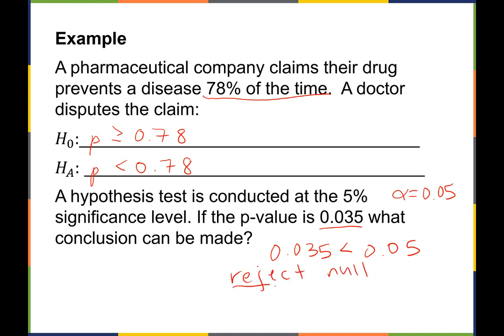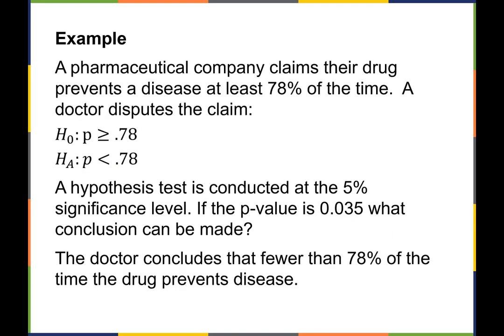Reject the null. The p-value is too small. It is too improbable that this p-value happened for this test, whatever sampling they did. What happened was too improbable to happen for a 5% significance level. All right. So the doctor concludes that fewer than 78% of the time the drug prevents disease.